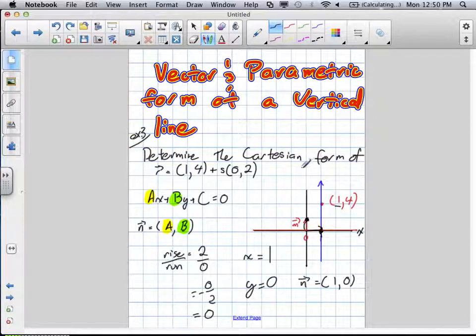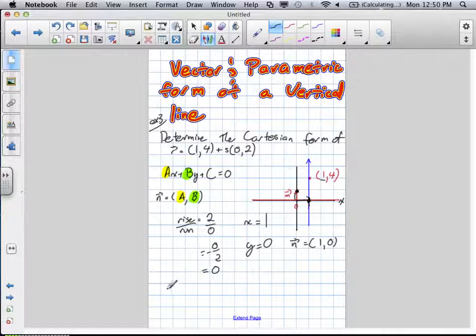So if we're going to put this in Cartesian form, if that's our A and our B, our Ax plus By plus C equals 0. Well, my A being the x value and B the y value, A gives me 1x. My B value is 0, so it gives me 0y, which is going to cancel out, plus C in this case.